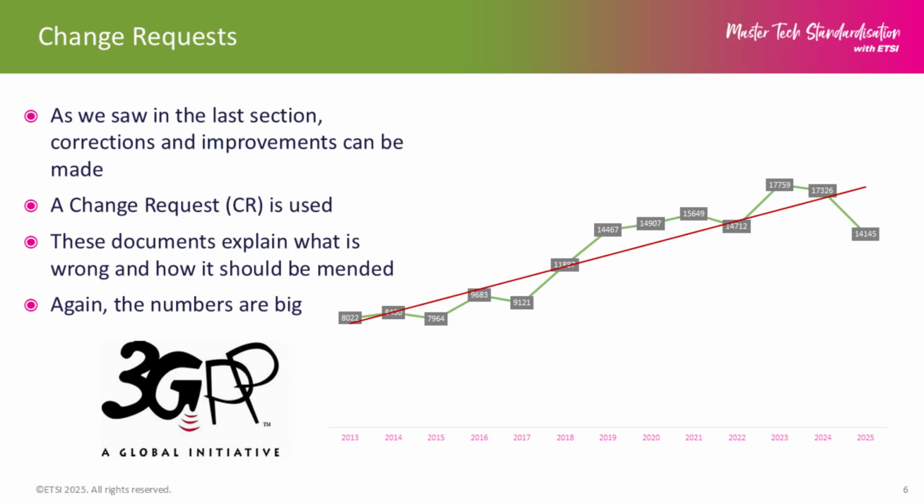And again, member organisations can have a look at those change requests and it will explain what the problem is, how to fix it, and then we'll show you the changes required in the specification. The Secretariat, also known as MCC, will actually implement those changes and update the version numbers of the specifications.